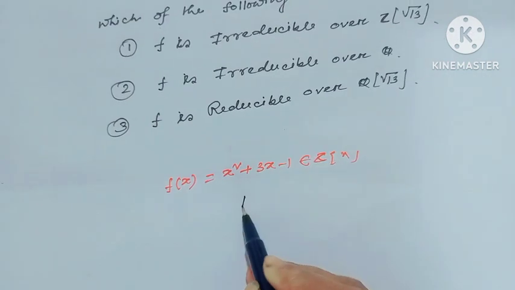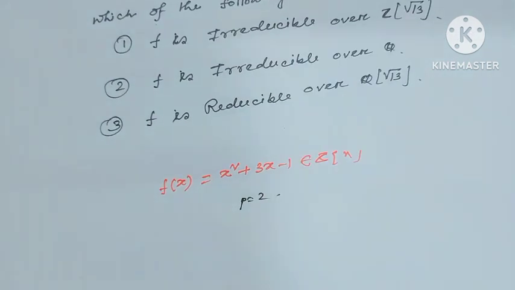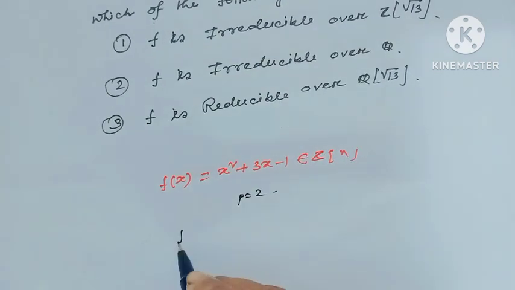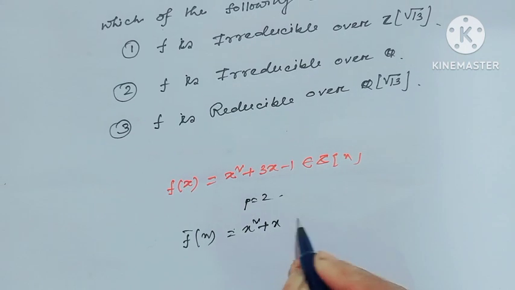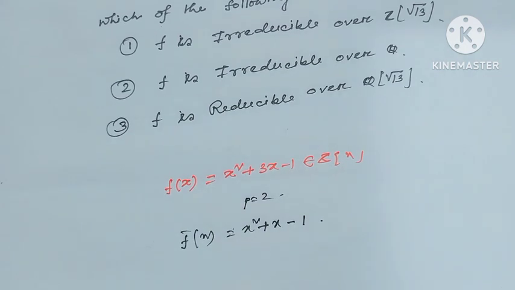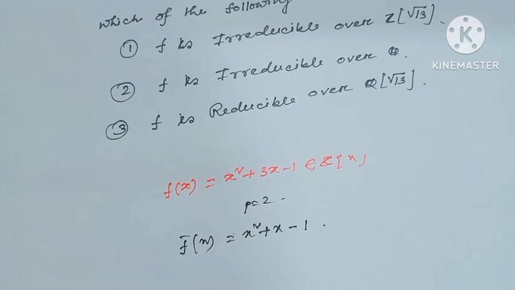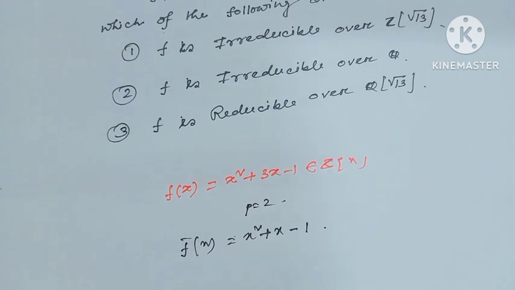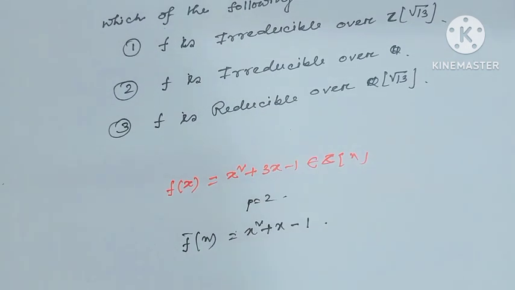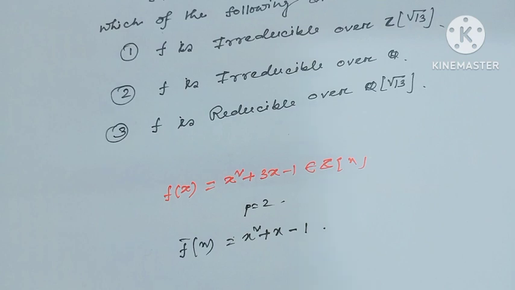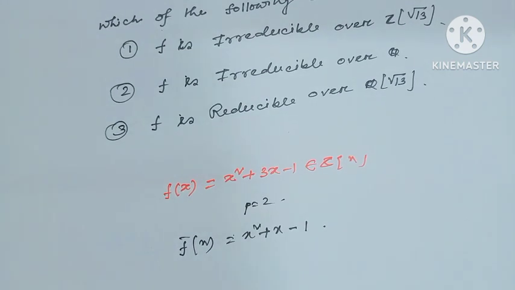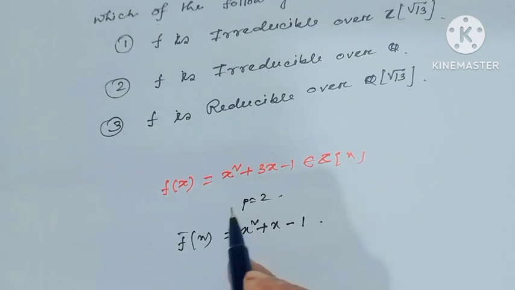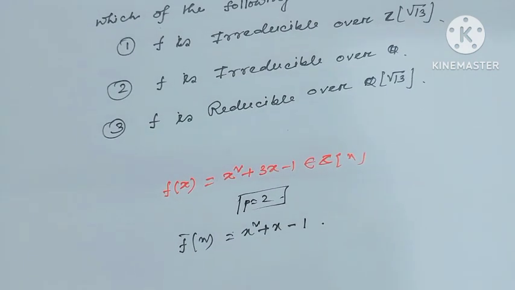If we consider the prime p equal to 2, then f bar of x would be x square plus x minus 1 in Z2. Notice the degree of f(x) and the degree of f bar of x is the same. So obviously we can apply the mod p test, and p is a prime number.